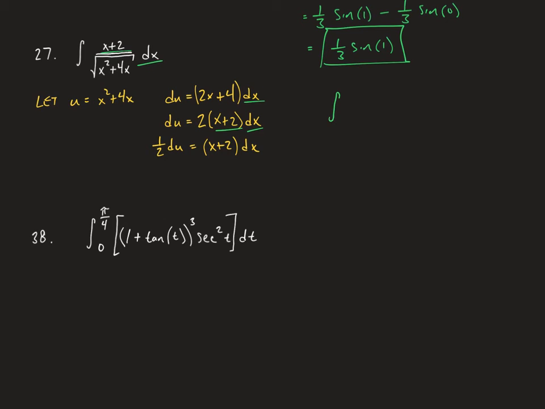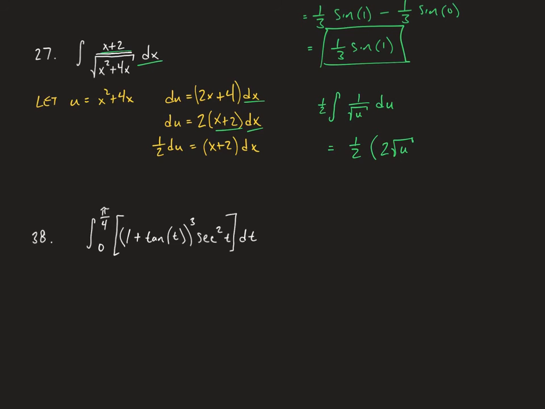So now I have all of the components that I'm looking for here, and I can rewrite this indefinite integral as 1/2, that's the constant that I'm going to pull out of there, and then 1 over the square root of u du. And so now I need to take the antiderivative here. I'm going to have 1/2 times 2 radical u.